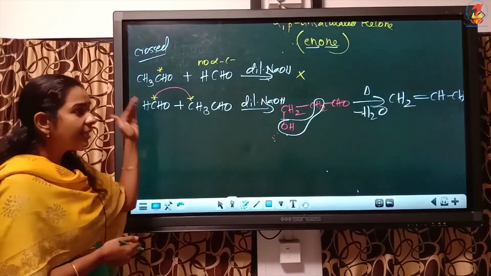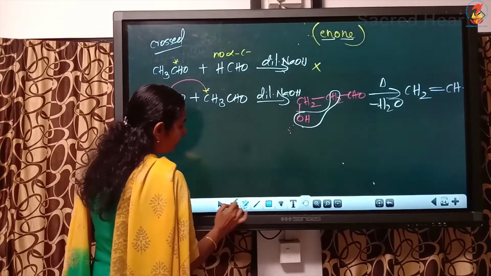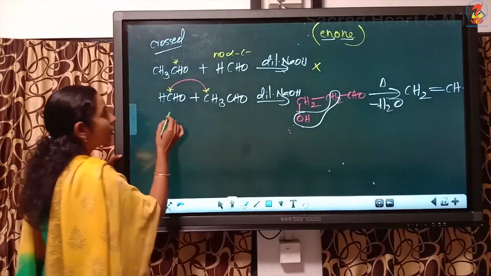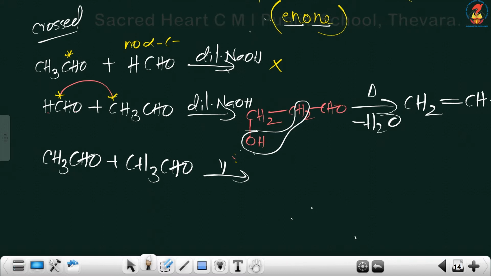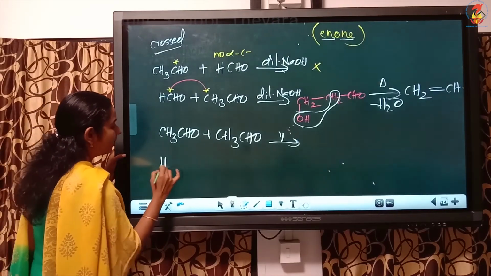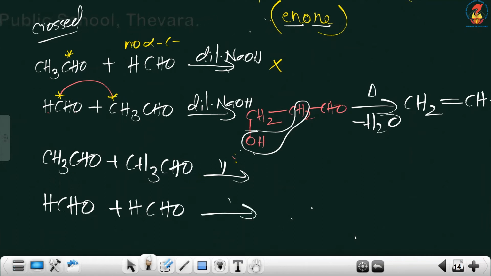So within this mixture there is possibility for simple aldol, isn't it? So third possibility is 2CH3CHO can react, isn't it? That we already wrote the product. Okay. Now the fourth possibility is two formaldehydes can also react. But is there any reaction?